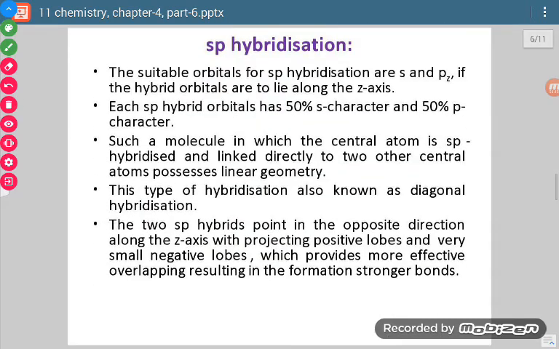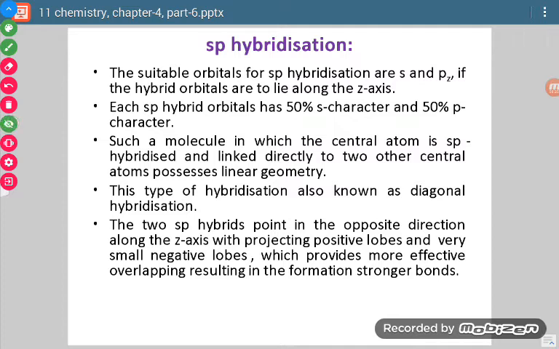Now what are the different postulates of sp hybridization? The suitable orbitals for sp hybridization are s and pz. When there are three p orbitals, which one is to be taken? Since the z axis is taken as the internuclear axis, we will take pz.